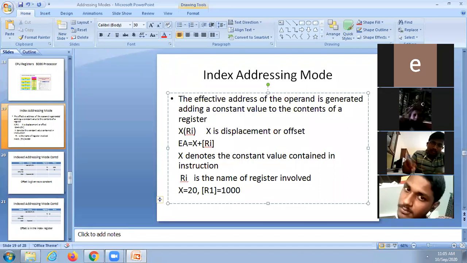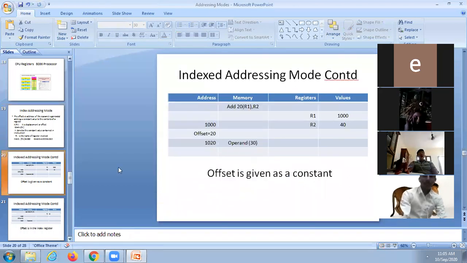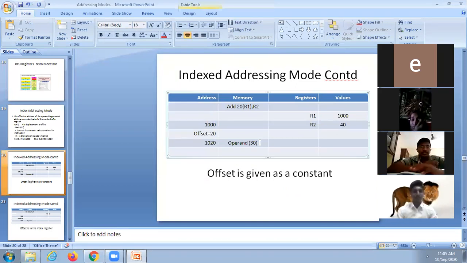So if you add these two, the effective address will be 20 plus 1000, which gives 1020. That is in this case. Here, if R2 contains 40 value and if the 1020 location contains 30 value, then what should be the result of this? Anyone of you can tell me?